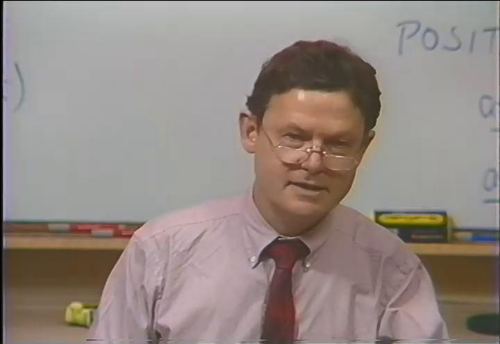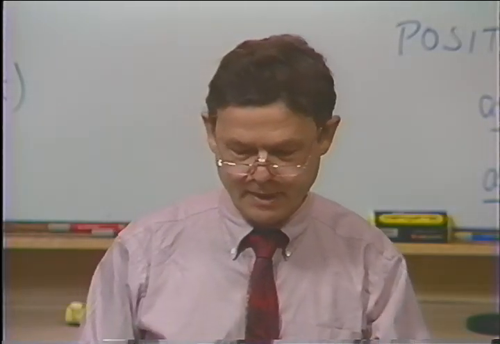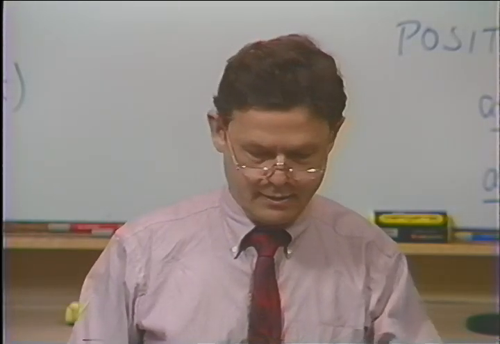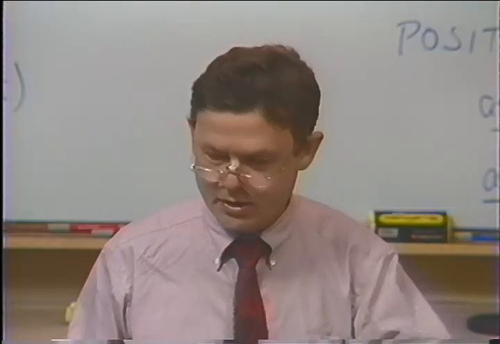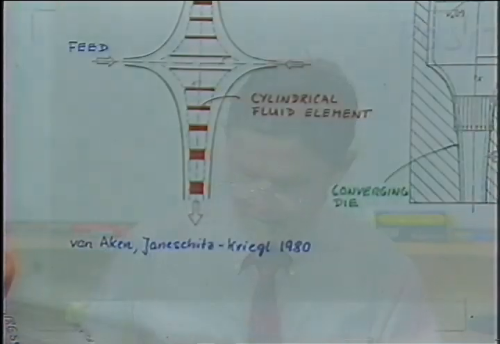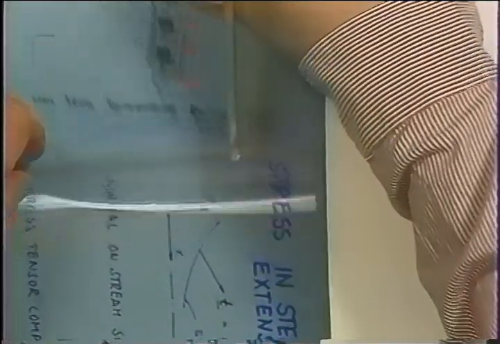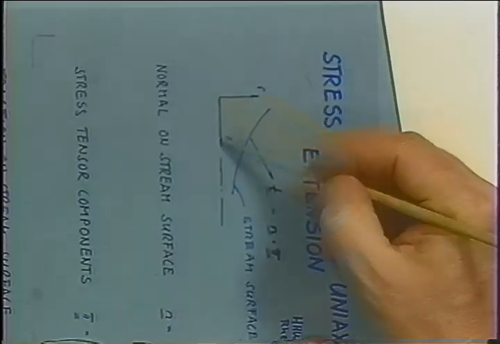Second problem. The surface and fiber spinning. If this is our geometry here, let's look at a curved surface like that. This is the curved surface here in our coordinate system R, x.